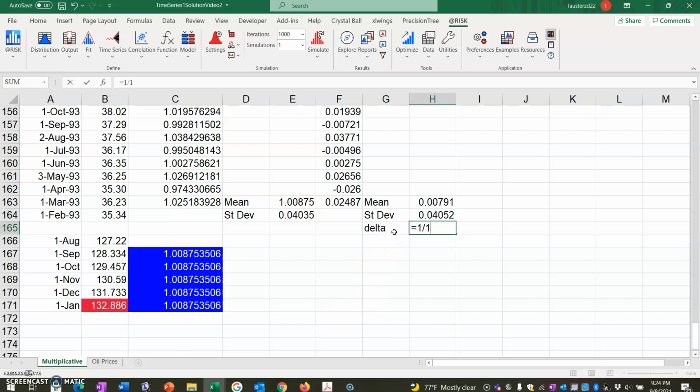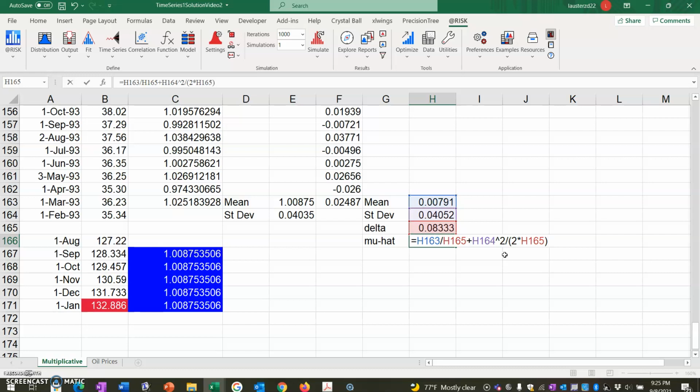Delta is 1/12 in this case because we are using monthly data to estimate these parameters. So mu hat is the mean of the additive return divided by delta plus the standard deviation squared of the additive returns divided by 2 times delta.